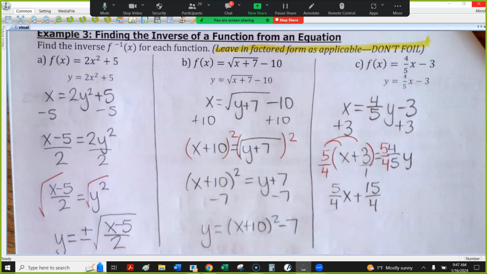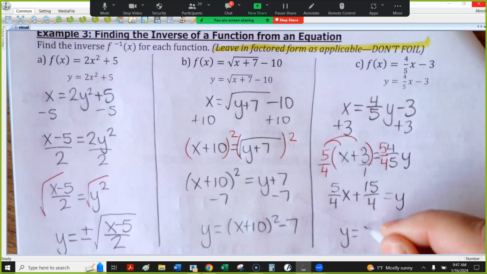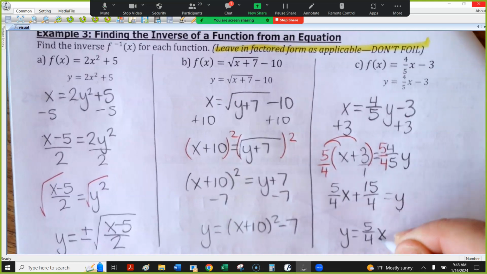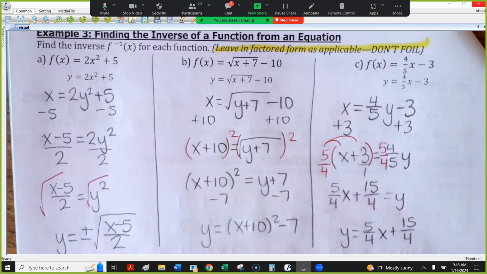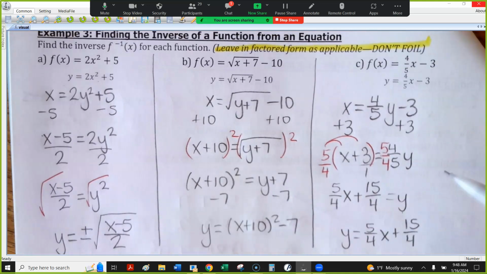So this would be just y equals 5/4 x plus 15/4. Wouldn't be great to graph, but it's just going to be a line. So if you have a line, the inverse is also going to be a line. This is going to be mx plus b form. The slope would just be the reciprocal of the original.